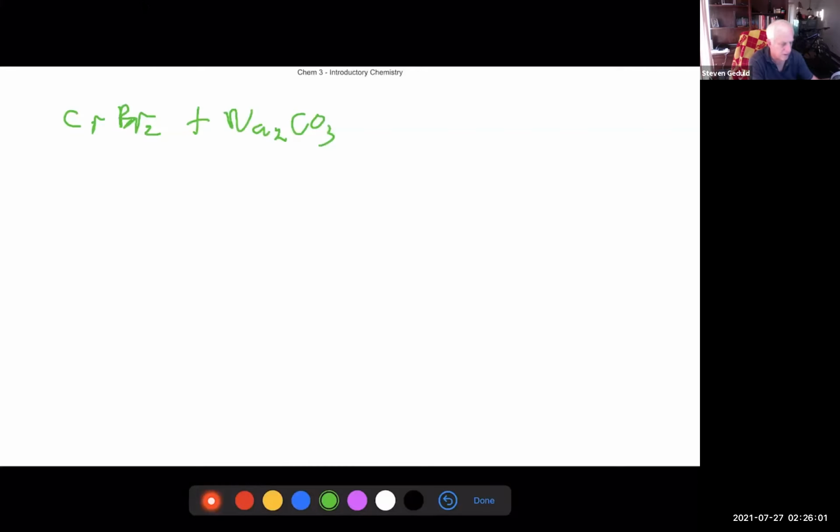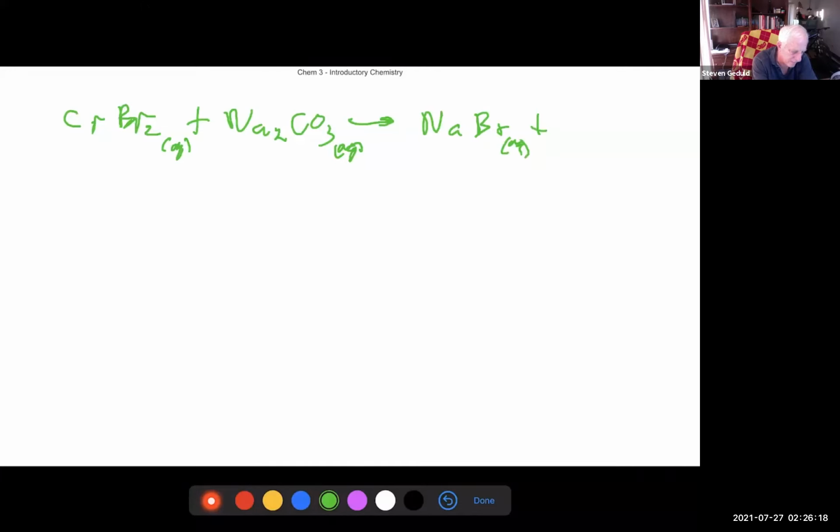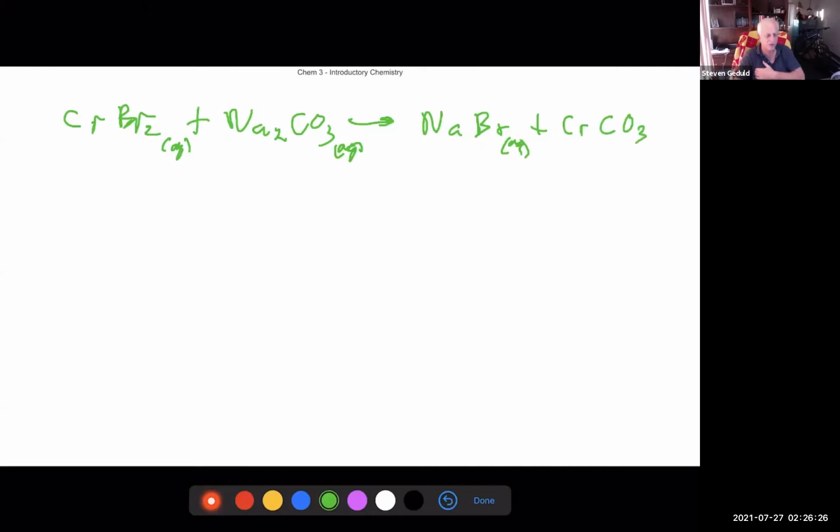Okay, so these are both aqueous, AQ, and it's going to go to sodium bromide, NaBr, which is aqueous, AQ, plus chromium carbonate. Now, is chromium carbonate aqueous or solid?